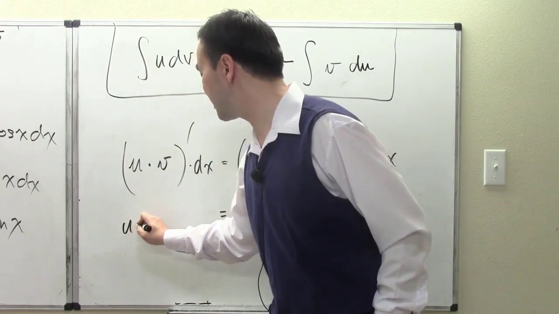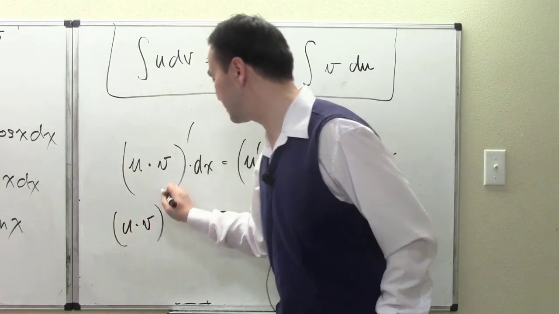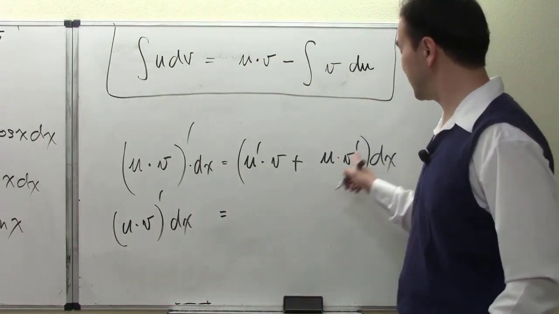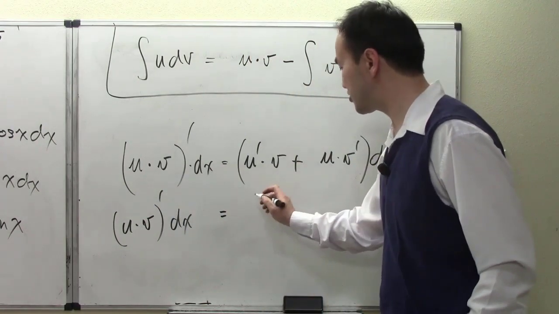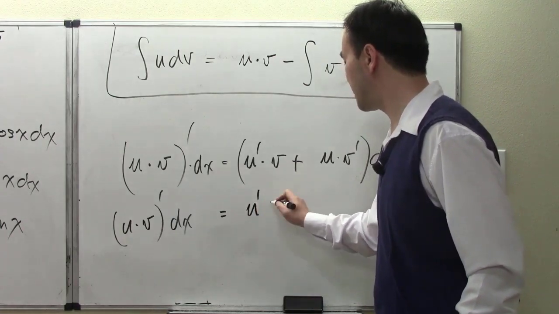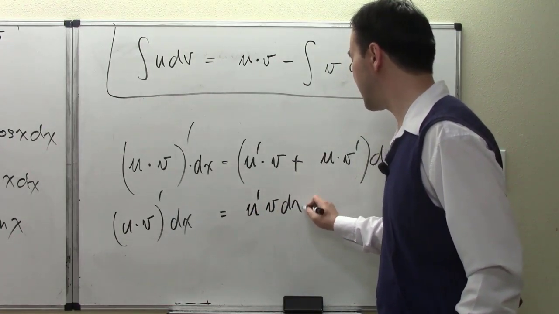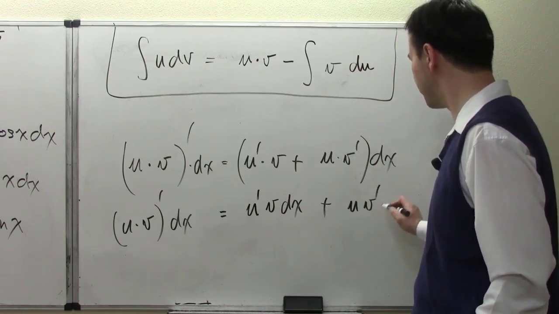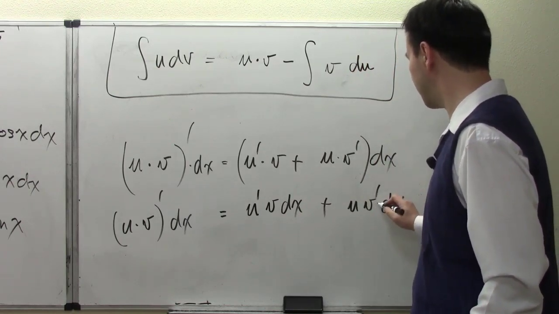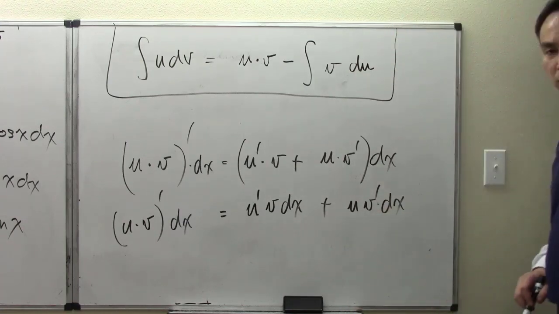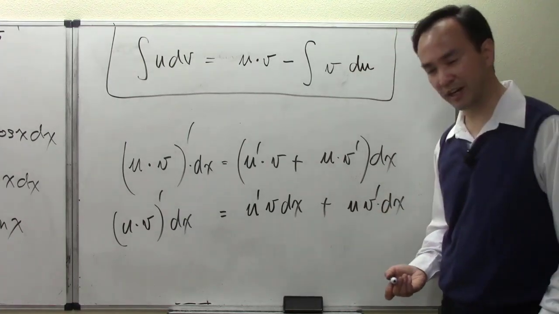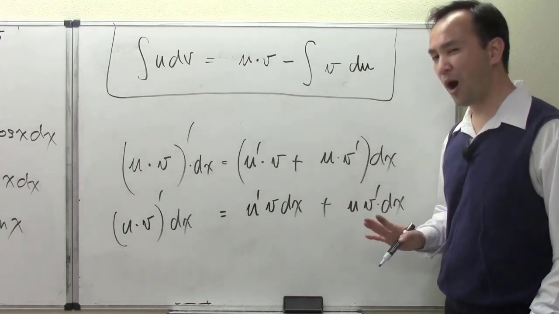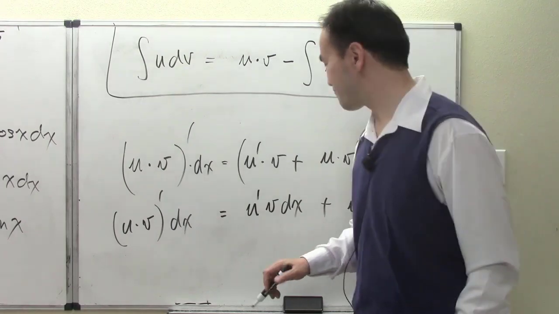It's still the derivative of the product u times v, multiplied with the differential dx. And then I can distribute this dx into each term, and that gives me u prime v dx plus u v prime dx. That's what happened algebraically after I multiply the dx to each term, and now the next step is going to happen right here.